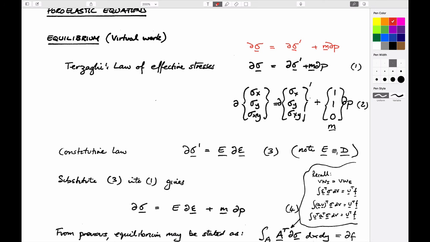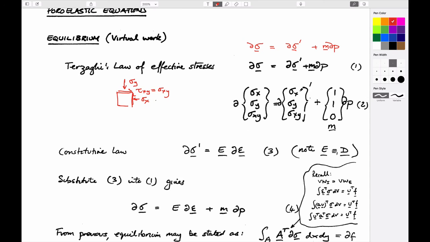So this is tau xy. So in other words, on our little cube, it would look like this. Sigma y, sigma x, and tau xy, which we're just writing as sigma xy here. And so we have these three components.